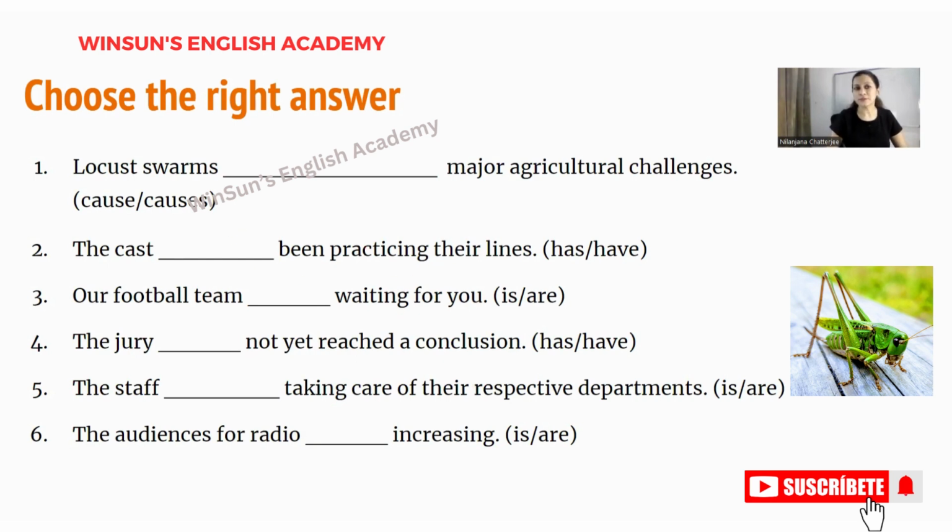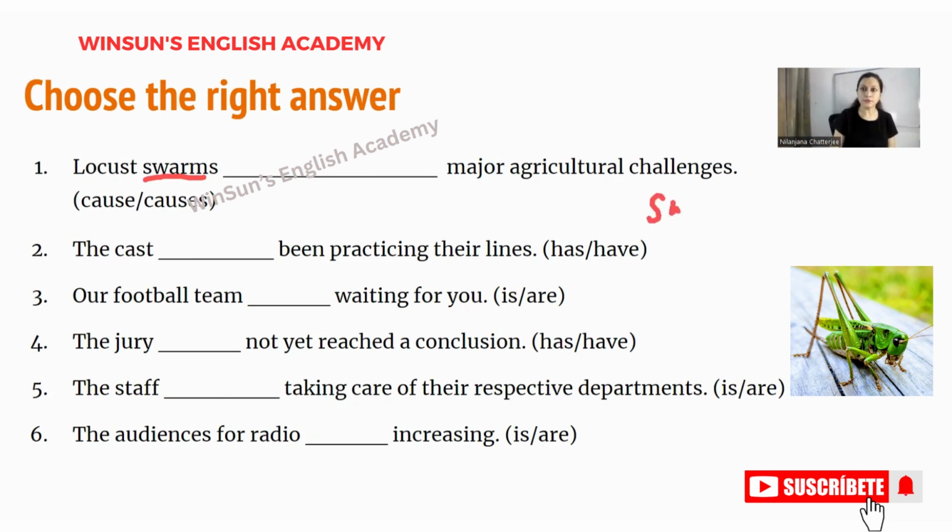Locust swarms. What are locusts? They are the bigger grasshoppers. Okay, they are bigger in size and quite harmful. So locust swarms dash major agricultural challenges. Now, as we know, swarm is a collective noun, one collective noun.